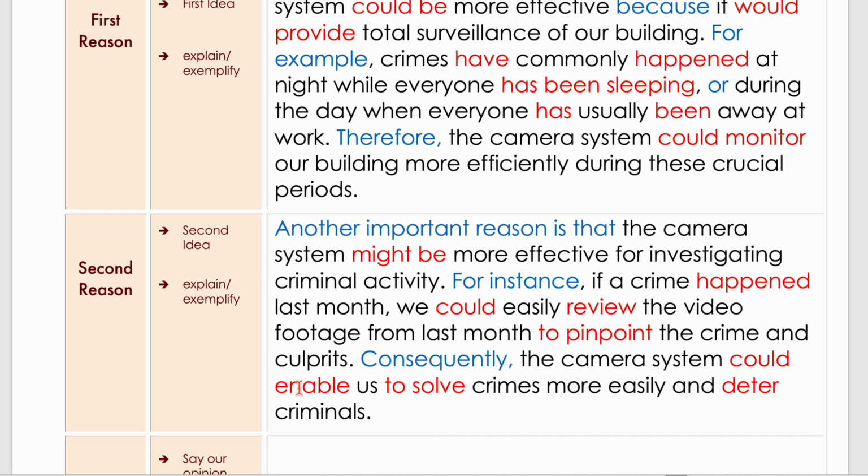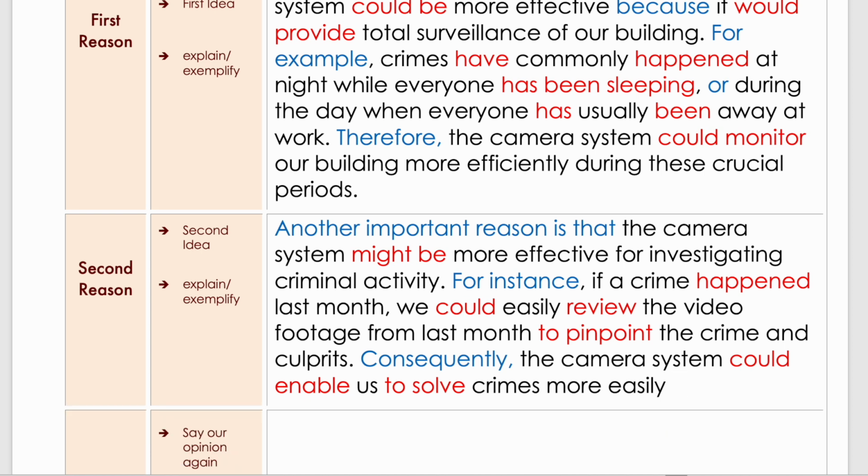Camera system could enable us, okay? Level 7 wants to say help. They want to say could help us. Even level 8. But level 9, we should know enable, which means help us to solve crimes more easily and deter criminals. Again, I want to say about sentence expansion.